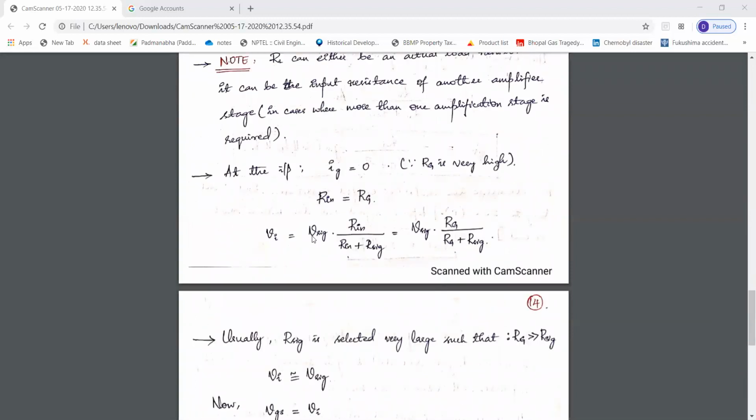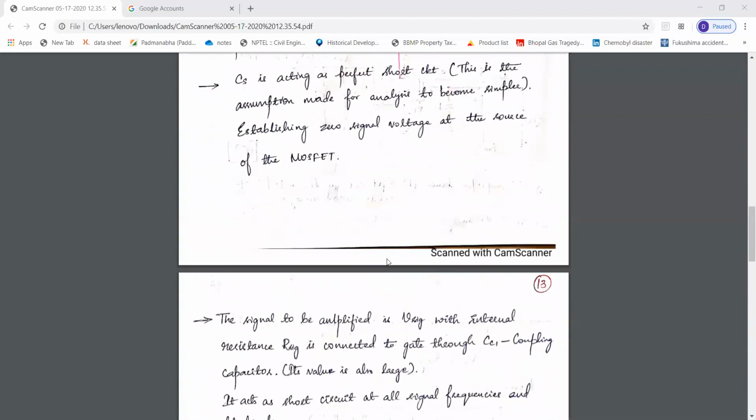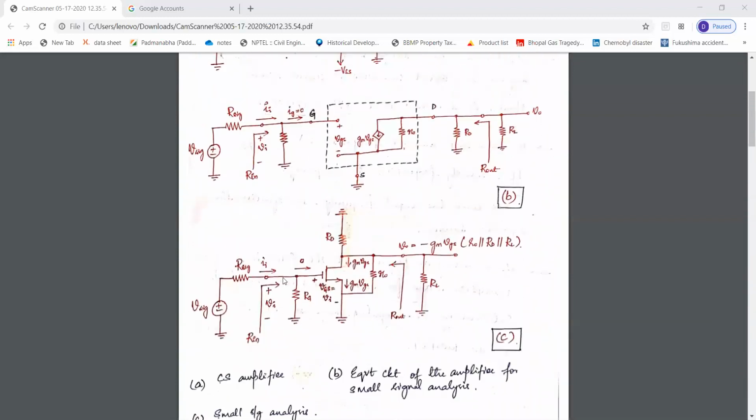Next, Vi is equal to Vsig into Rn by Rin plus Rsig. So how did we get this? See here, Vi is the voltage over here.